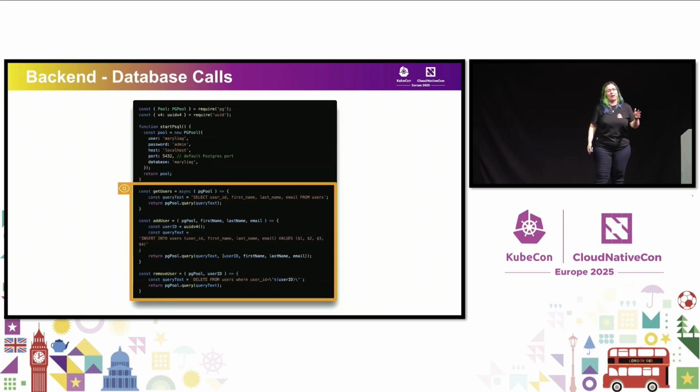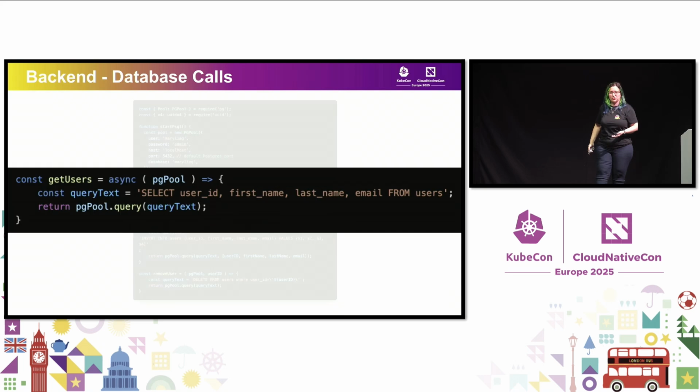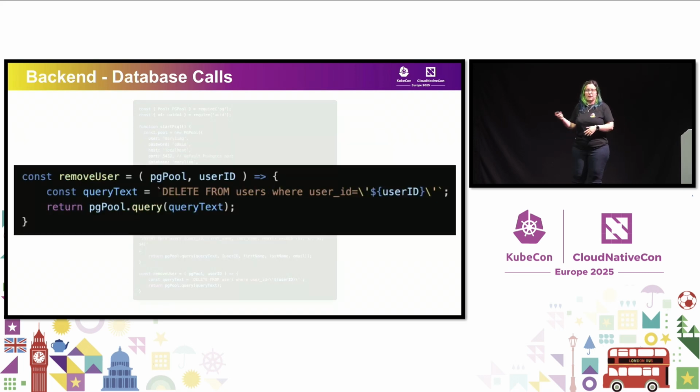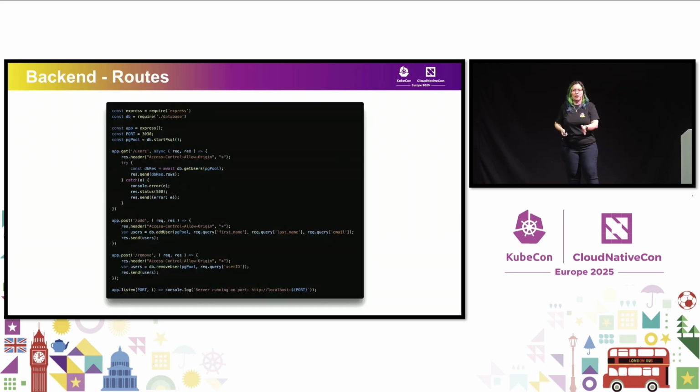And then I have my other functions: a get user, which is my select, then the add user, which is just doing the insert, and then the remove user, which is just the delete. So for my example, this is where my application kind of stops. And then I also have my routes, my API so the front end can connect.